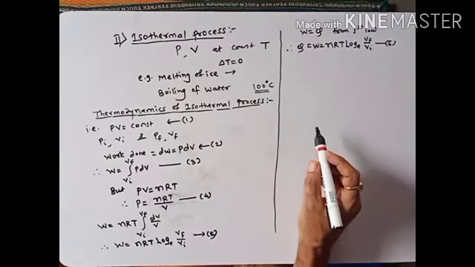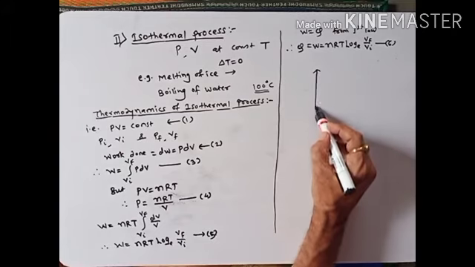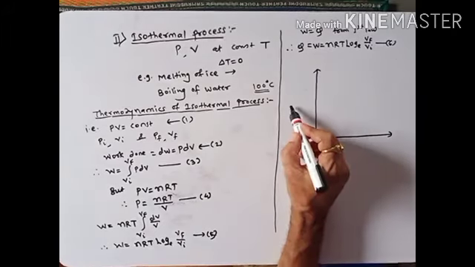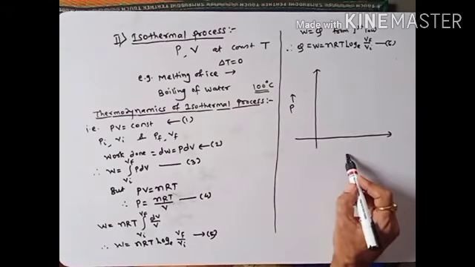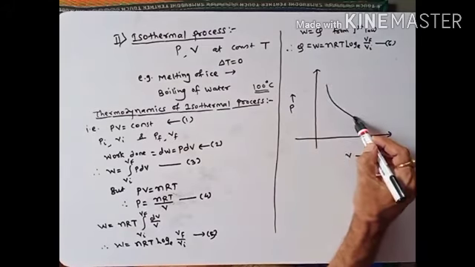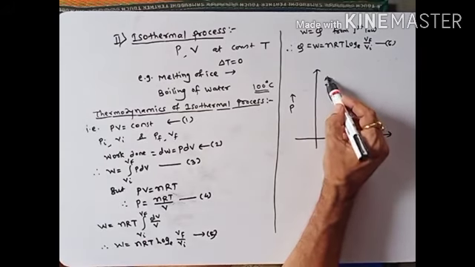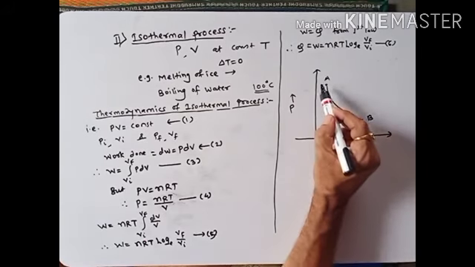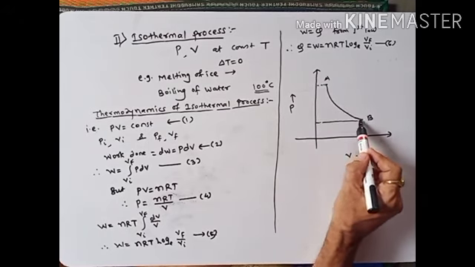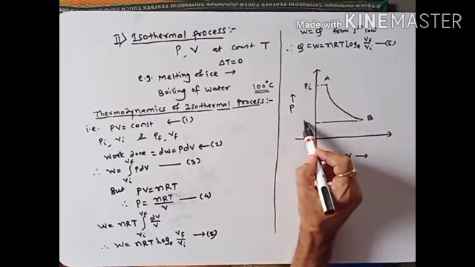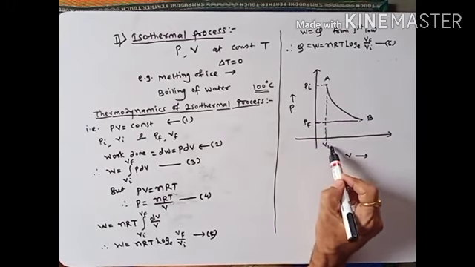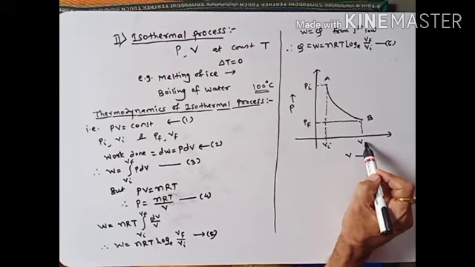And if we plot the graph of P versus V, suppose this is the graph from A to B. Suppose this is Pi, this is Pf, this is Vi, and this is Vf.